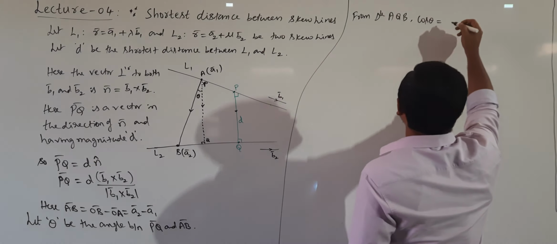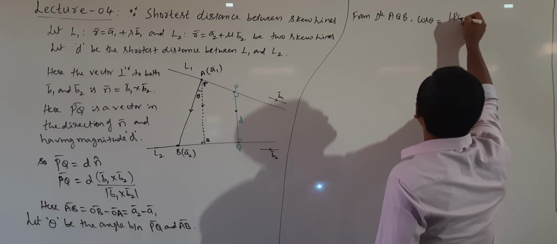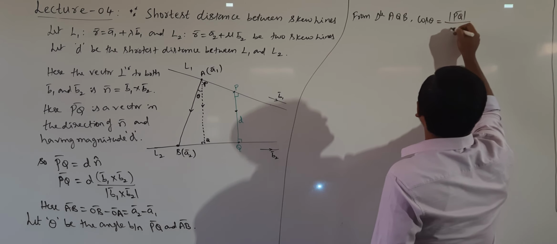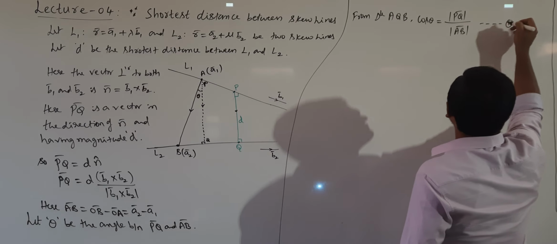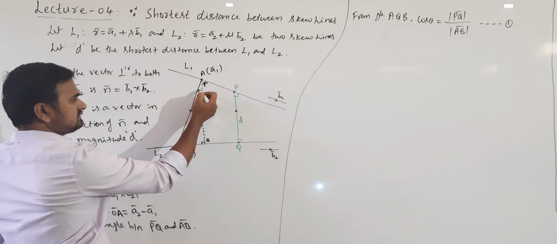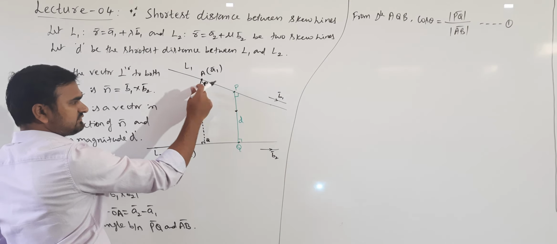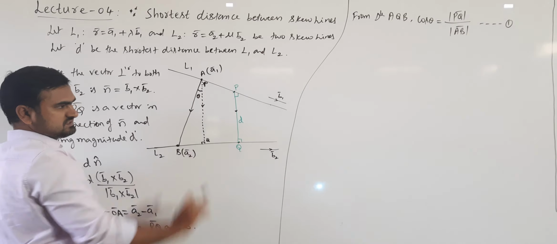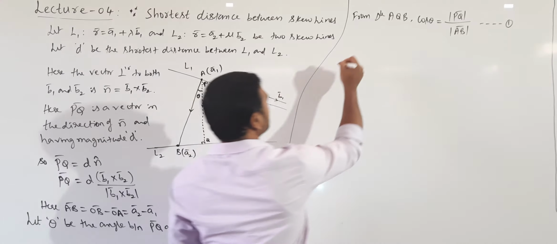So cos theta can be written as magnitude of PQ divided by magnitude of AB bar. Suppose this is equation 1. Understand? I am taking this triangle AQB. In this triangle, cos theta we are finding as adjacent by hypotenuse. Now the same cos theta by using dot product.